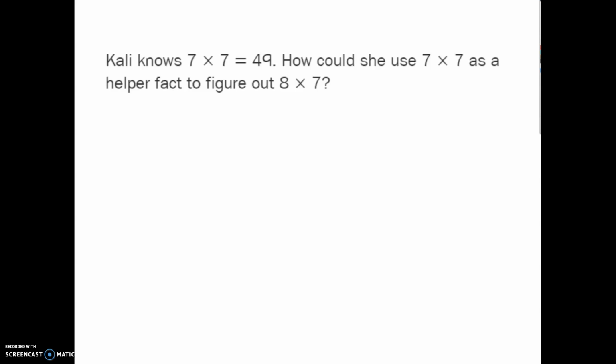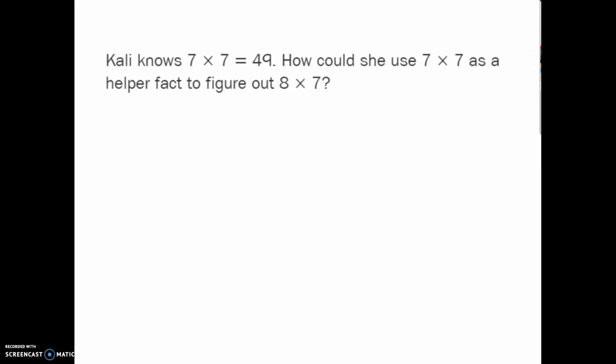Well, I want you to think about some things. If 7 times 7 represents 7 groups of 7, what does 8 times 7 represent? 8 times 7 represents 8 groups of 7.